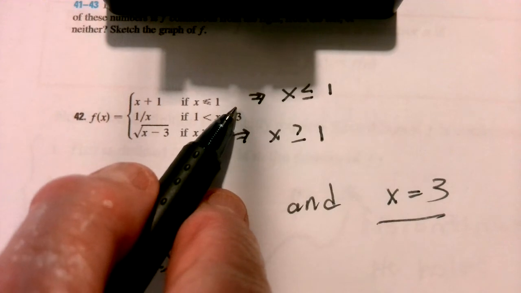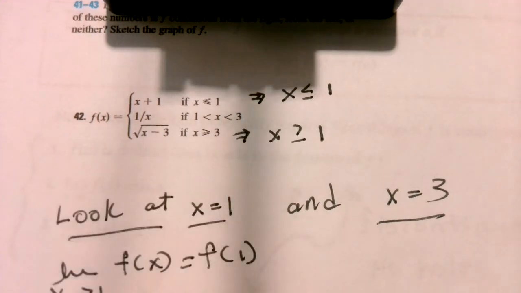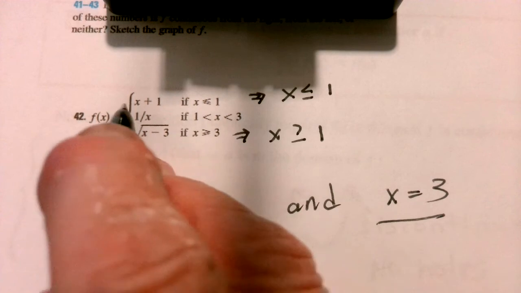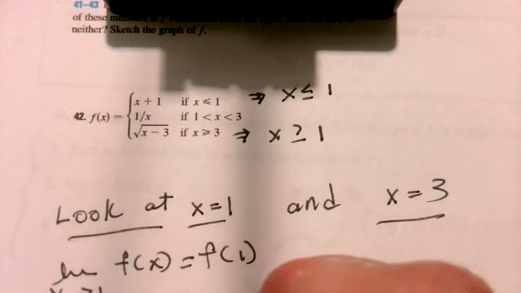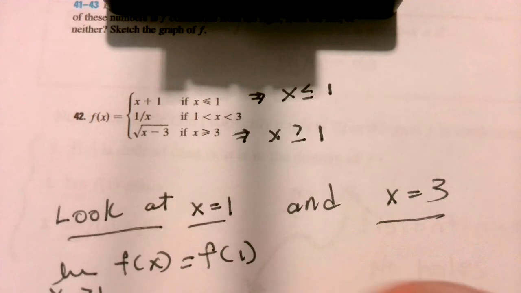Now, the limit as x approaches 1 from the left is equal to the limit as x approaches 1, and you can go ahead and use this piece and substitute in 1, which is going to be equal to 1 plus 1, which is 2.